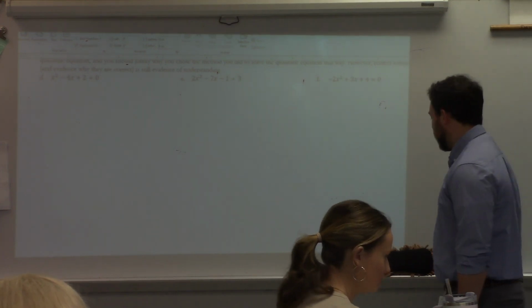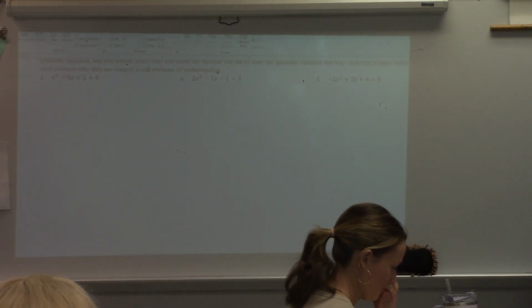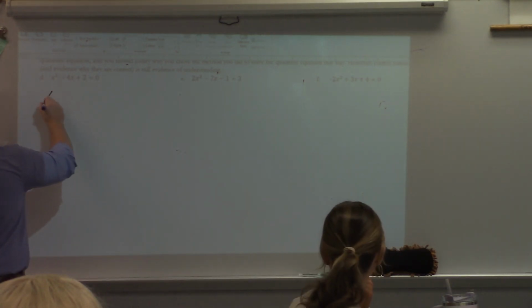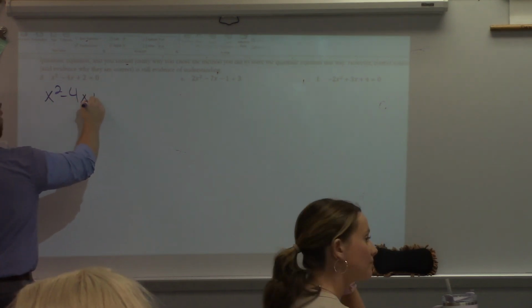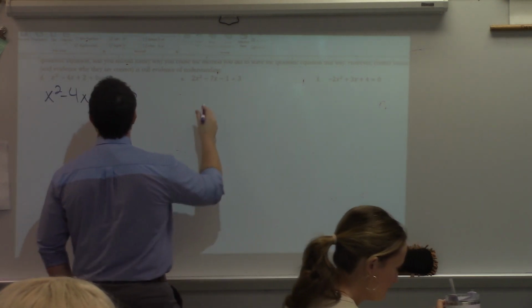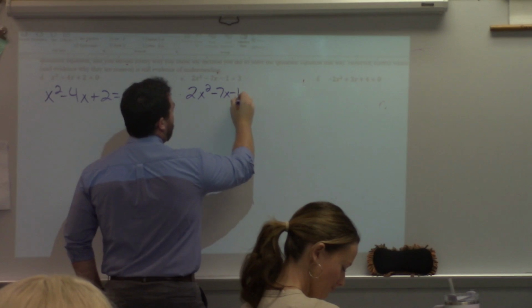So let's talk strategy-wise first. Which of these equations can I not factor? D, E, or F? D, cannot factor it. There are no factors of A times C that add up to B. Are any of the other ones not factorable?